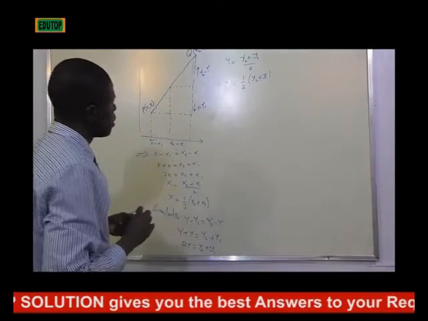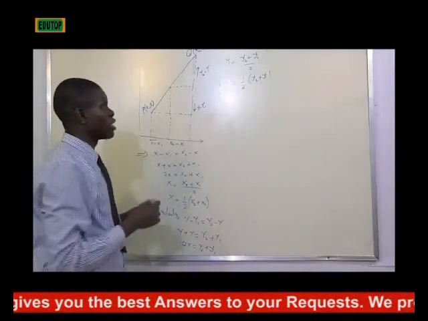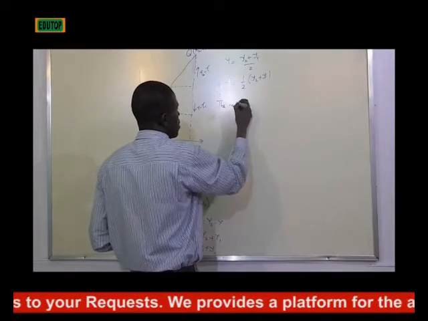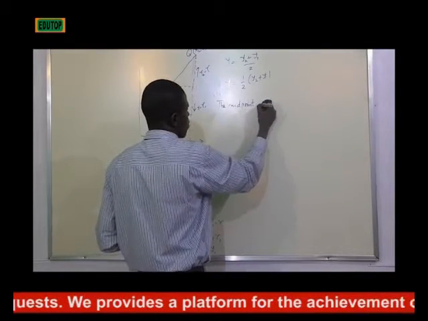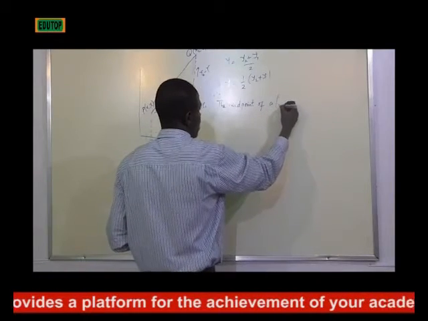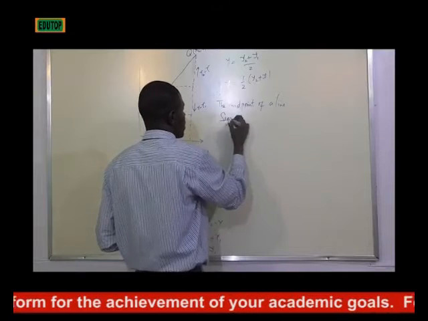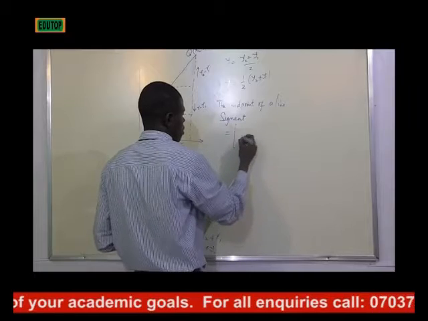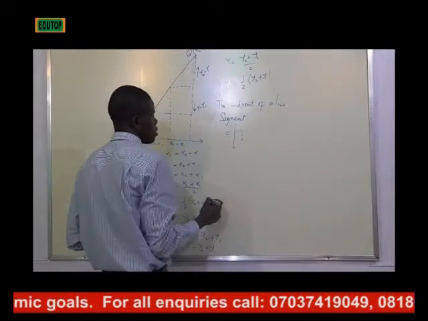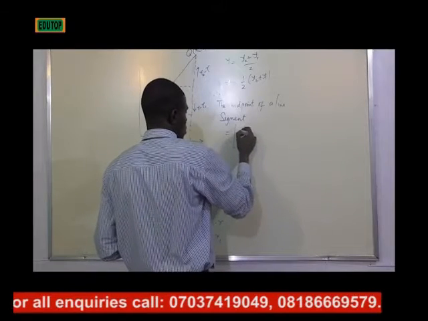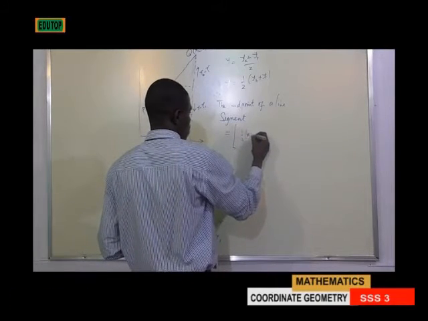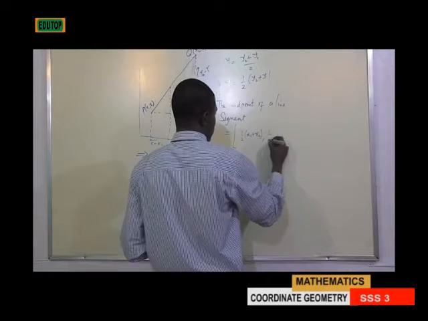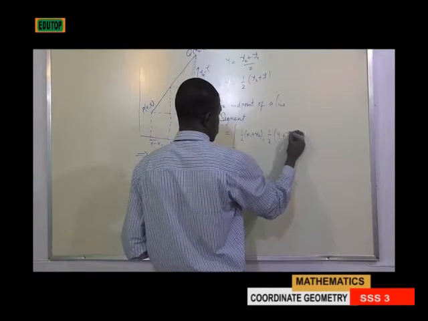So if you are to consider the midpoint of the line segment, therefore, the formula for the midpoint of a line segment will be equal to 1 over 2 into x1 plus x2, comma, then 1 over 2 into y1 plus y2.